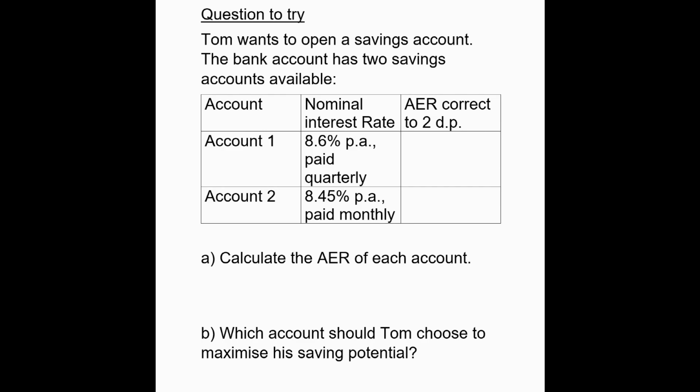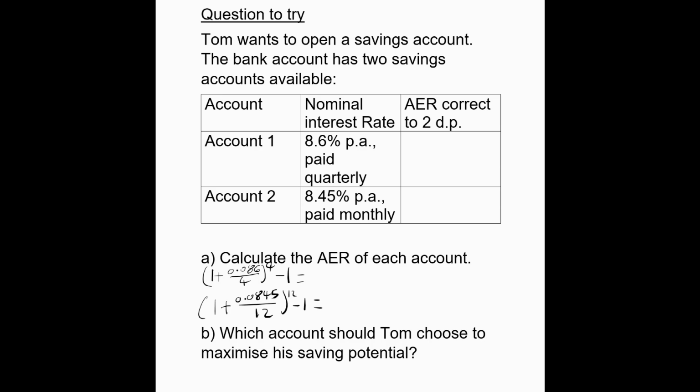Here are the answers. So for the AER for each account, first one we have 1 plus 0.086 over 4 to the power of 4, take away 1. This is the same as earlier, in fact. And for the second one, 1 plus 0.0845 over 12 to the power of 12, take away 1.